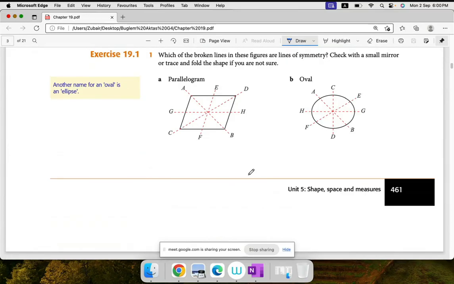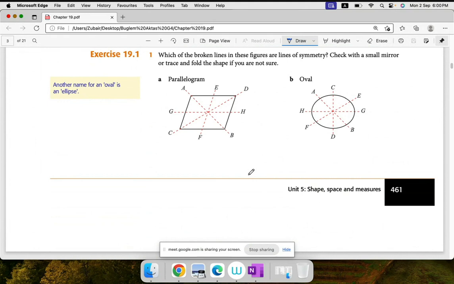Exercise. Which of the following broken lines of the figure are lines of symmetry? Check with a small mirror, or trace and fold the paper. Okay, we actually don't need that. So in a parallelogram, which line do you think is the line of symmetry?